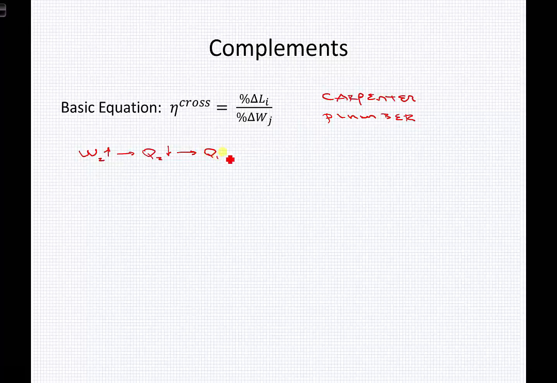required will go down. So in this case, wage 2 is the carpenter wage. The quantity of labor 2 is the carpenter labor. And we know that that is a direct relationship of the downward sloping demand curve. But given that we had an increase in the wage for the carpenter, it caused us to have an increase in the cost of the building.